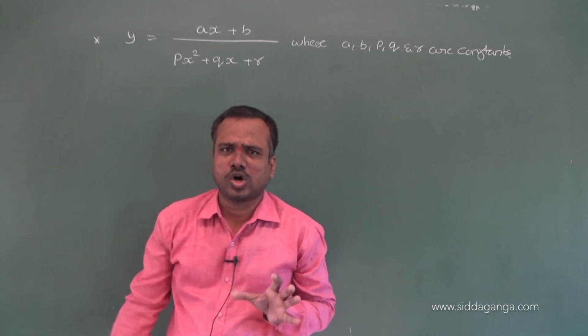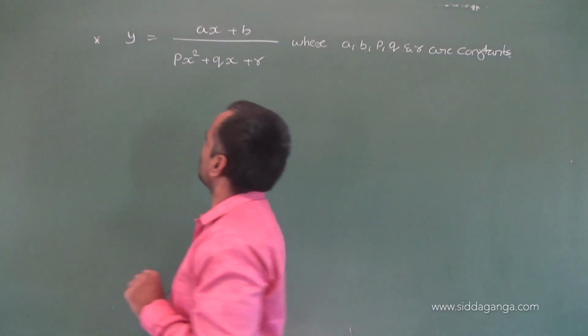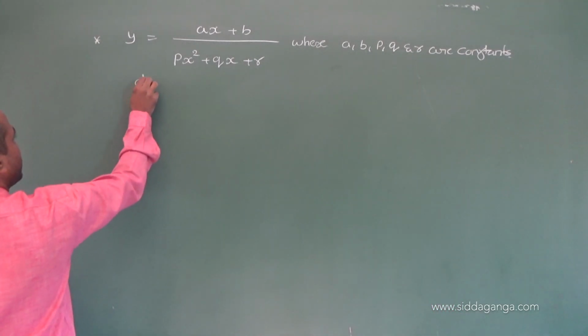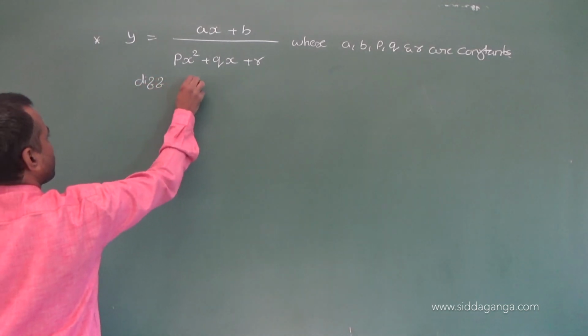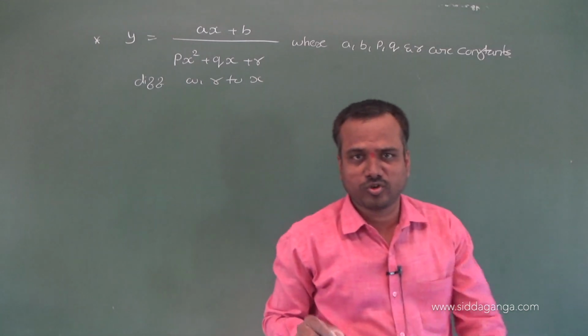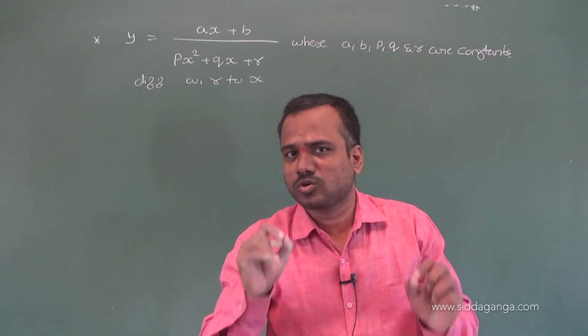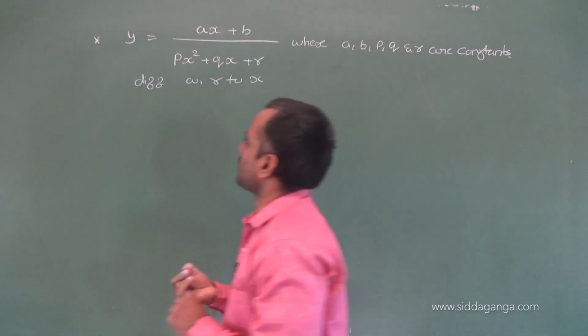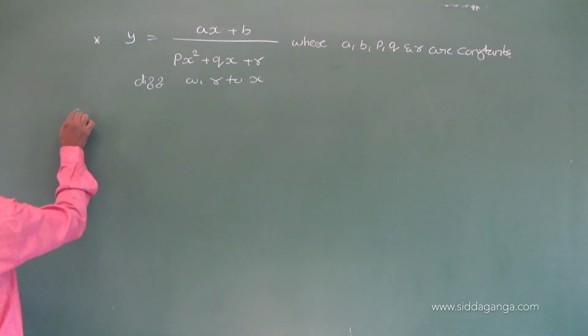All these are all what? Constants. Okay. Differentiate with respect to x. Which rule applies here? You can also solve. Which rule applies here? Quotient rule. Yes? Okay.